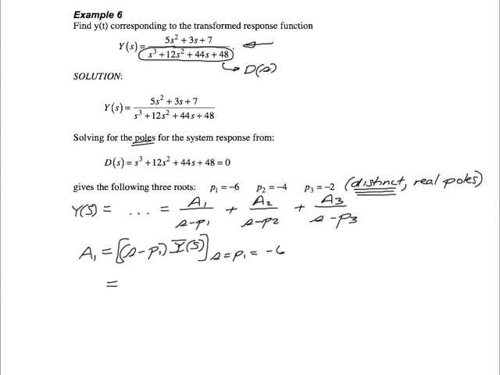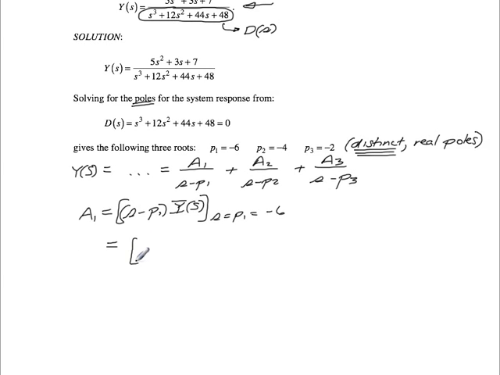So let me repeat this here. I get (s minus p1) times (5s squared plus 3s plus 7) divided by (s minus p1)(s minus p2)(s minus p3).